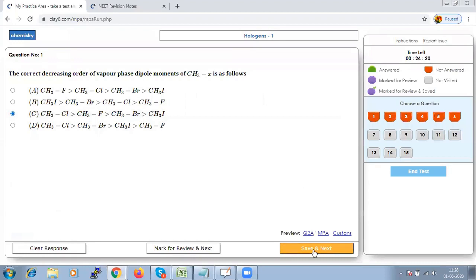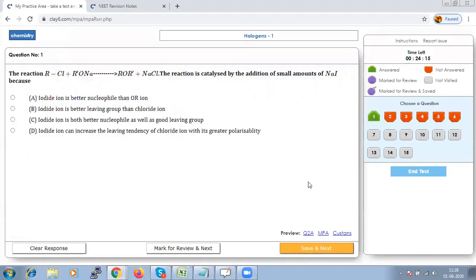So let us save that and go to next. The reaction RCl to ROH plus NaCl is catalyzed by the addition of a small amount of NaI.